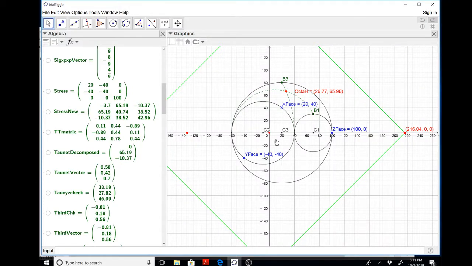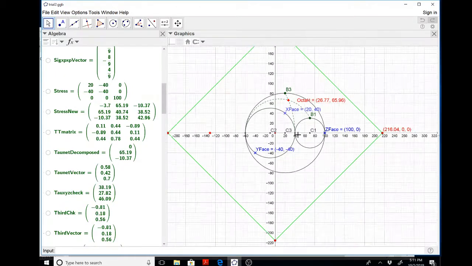And then the worst shear stress is 80. And it's impossible, like I said, to intuit that from the original stress matrix. So this picture is really nice in that it gives you these immediate peaks, the 12 o'clock and 3 o'clock, or 12 o'clock and 9 o'clock.